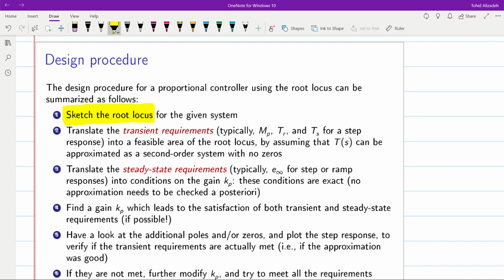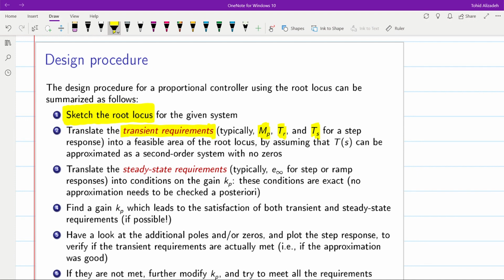Then we need to look at the requirements that we have for designing the controller. They will come in the form of transient requirements. The transient requirements are requirements that are dealing with the transient response of the system. And they will typically be in the form of overshoot, rise time, and settling time for a step response of the system.